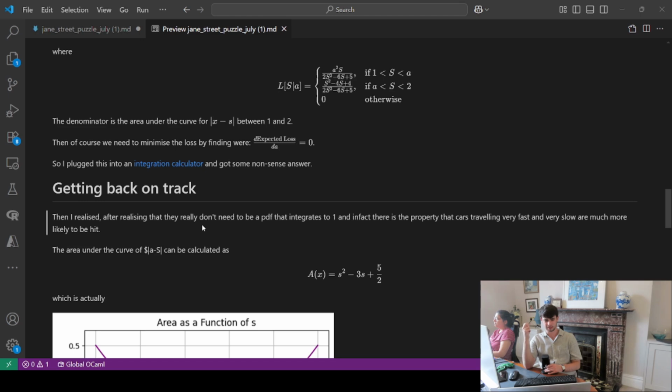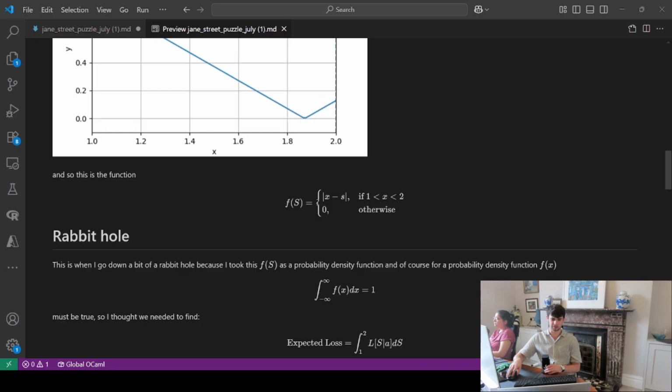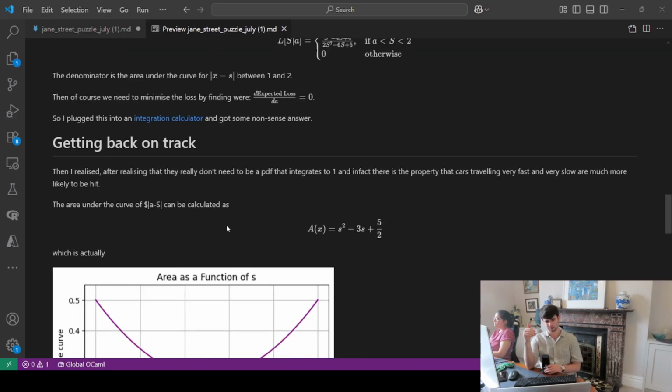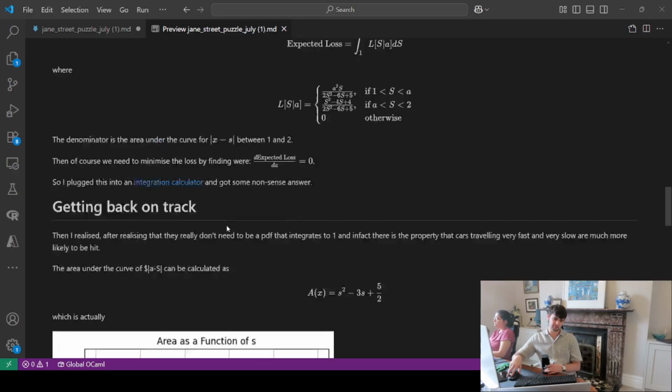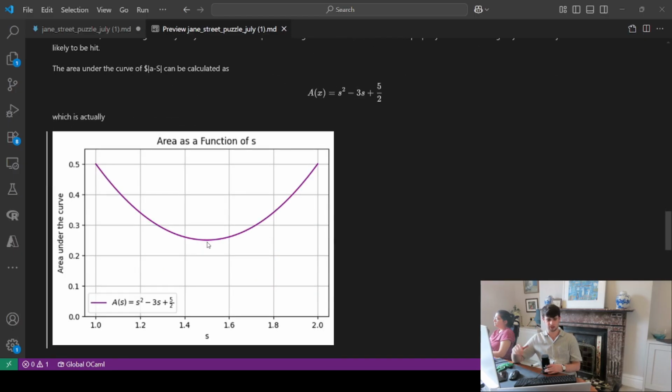So I thought, okay, you're probably going off the wrong track. Then I realized that this density function doesn't have to integrate to 1, and that in fact we can infer that cars traveling at different speeds get hit more often than others. So it looks like this curve, and that's completely fine, instead of what I was insisting, which is that it has to be a flat line up here.